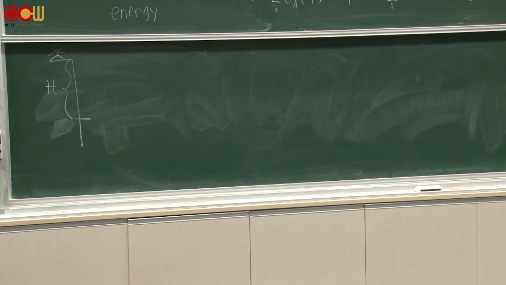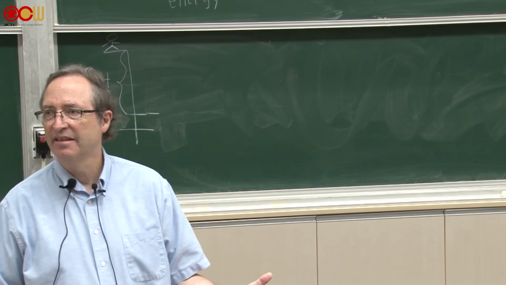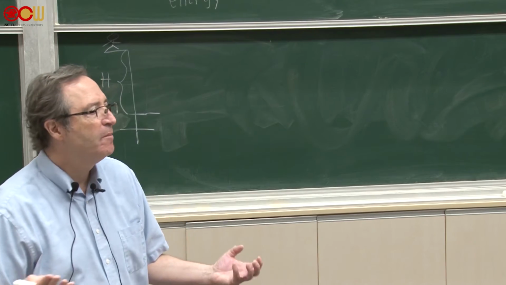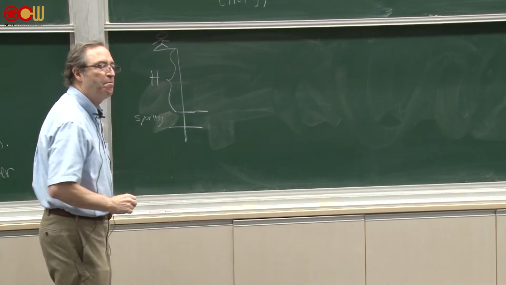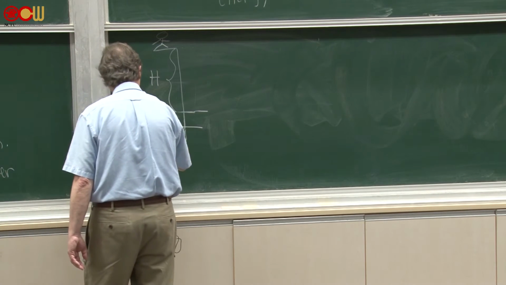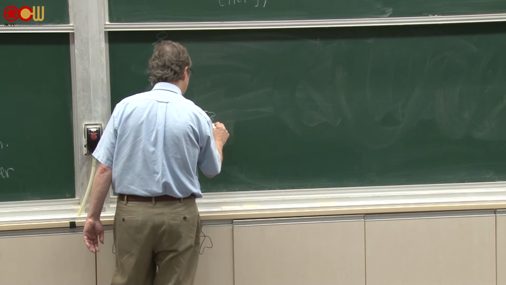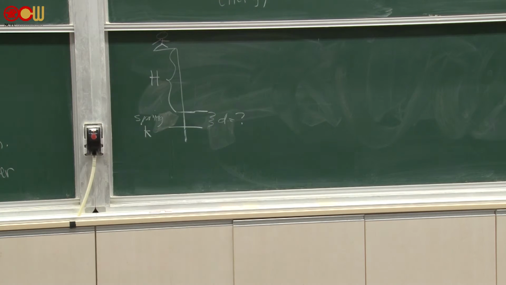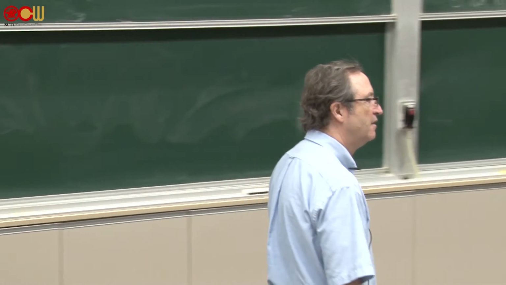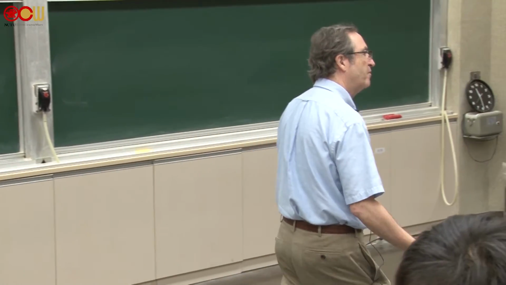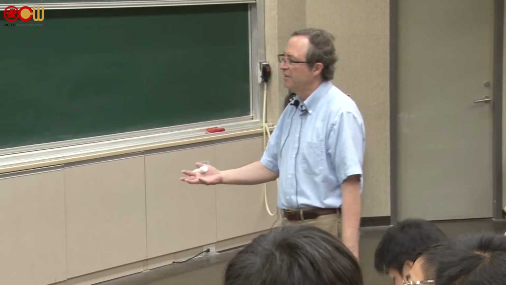Okay? And then there's some object there that's elastic. Right? And we're going to model that object as a spring. Right? So we're going to model it with a spring with a certain spring constant k. And our question is, how big is this? Okay, that's going to be our question. All right, so we have to know something about k, the spring constant.